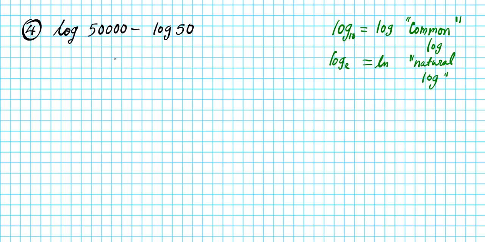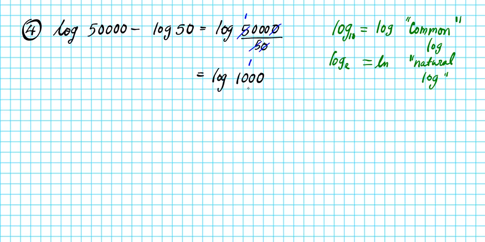Since we are subtracting, if we apply the quotient property of logarithms, this becomes log of 50,000 divided by 50. If we want to reduce that, you can cancel out a 0, equivalent to dividing by 10. 5 goes into 5 once, 5 goes into 5 once. So this simplifies into log base 10 of 1000.